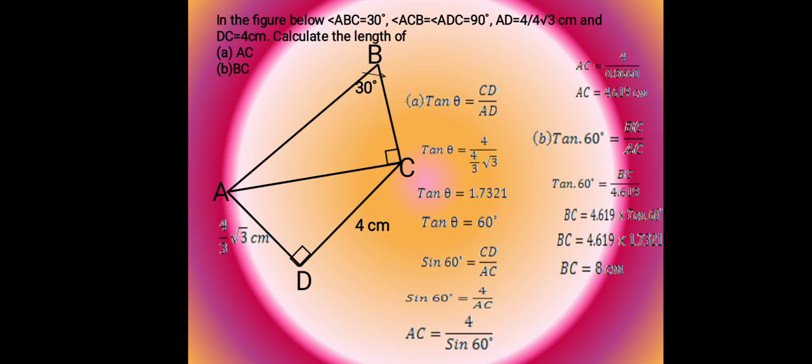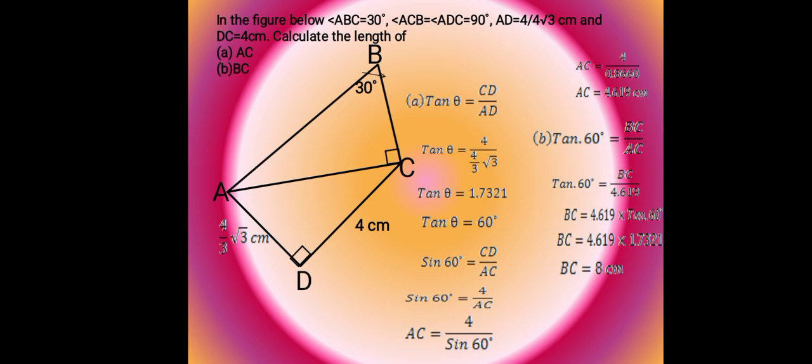For BC we can use tan 60. Remember that we have two angles of triangle ABC. One is 90, one is 30. So what is remaining is 60. That is 180 minus 90 minus 30, remaining 60.